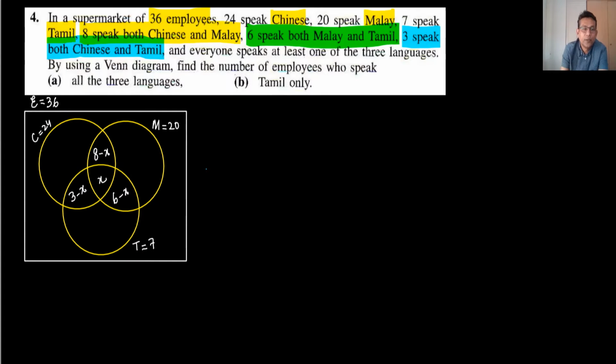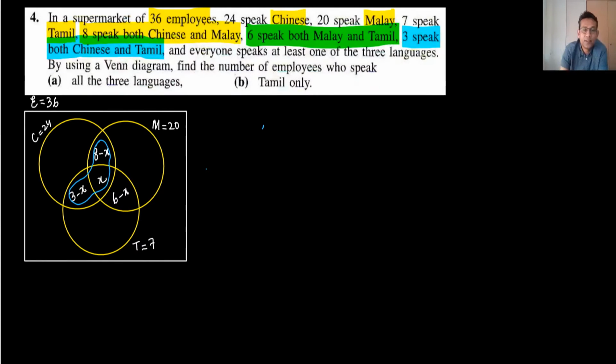Now, the most important part is to find the value in this area. Remember, for this circle for the Chinese, the total employees are 24. So how can I find this area? This is a very important part. What I do here, this part of the Chinese, 8 plus 3 is 11, and x is 11 minus x.